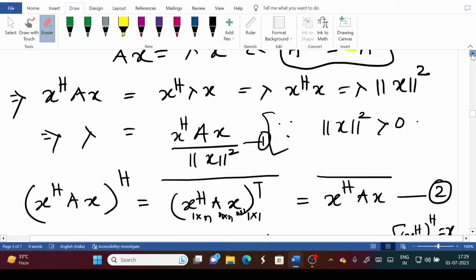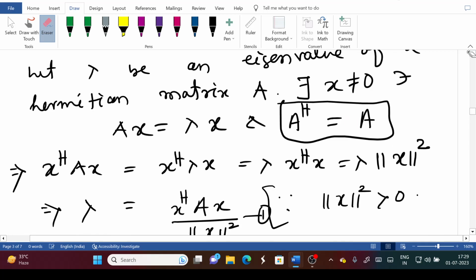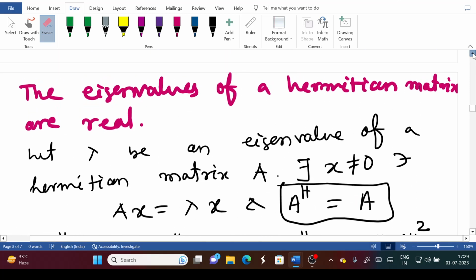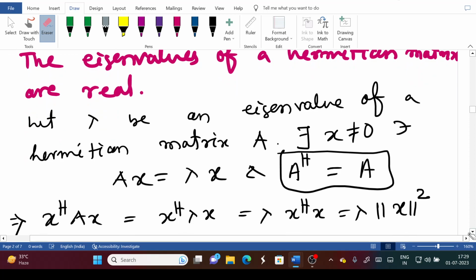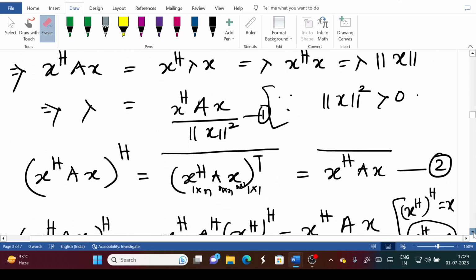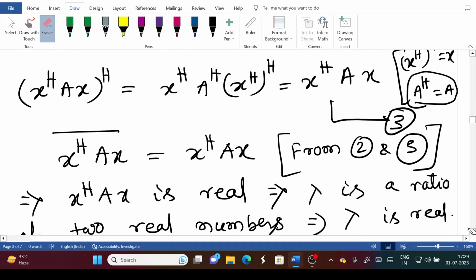You write it again simply, correctly, for skew Hermitian matrices. What will you do? Here you will write skew Hermitian matrix, here you will write 0 or purely imaginary, then here you will write the minus symbol. Everything else will continue as it is.